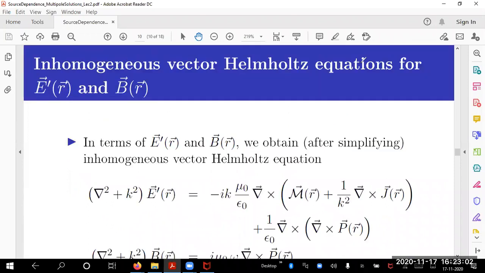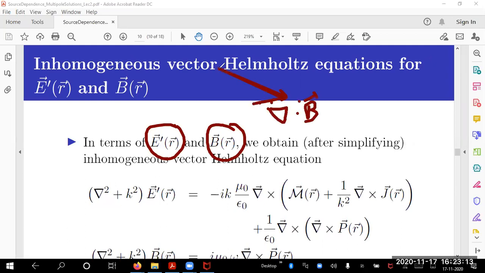So now I will get, in terms of divergence free electric field, and a magnetic field always obeys divergence free. It is divergence free always. But divergence of E is equal to rho, that is charge density, in the presence of charge density. But otherwise I have an E prime, where divergence of E prime is 0.